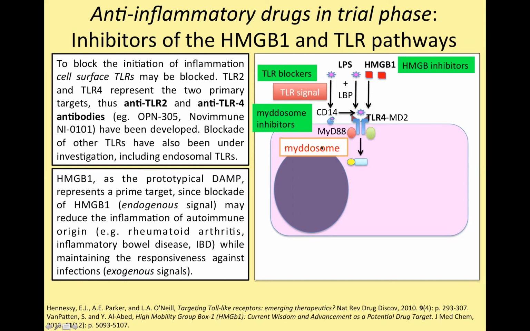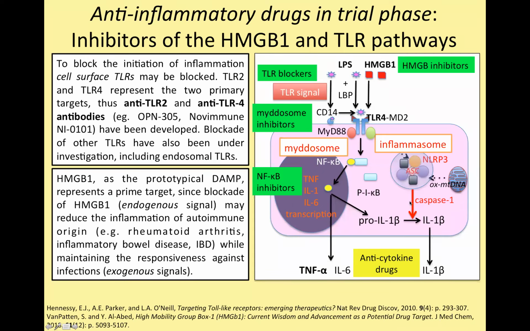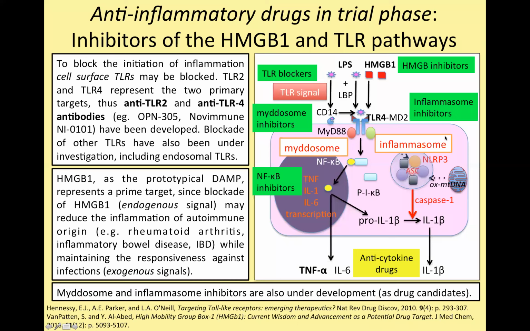We do not have inflammasome inhibitors right now or NF-κB inhibitors, and we do have anti-cytokine drugs, but this one mostly includes the anti-TNF antibody infliximab. Anti-inflammasome drugs or inflammasome inhibitors are under development, but we still don't know what will happen.